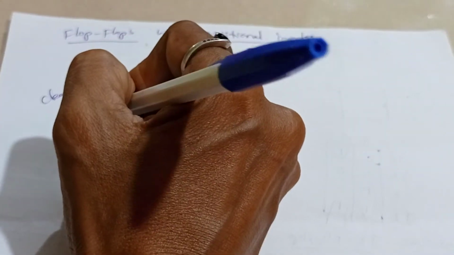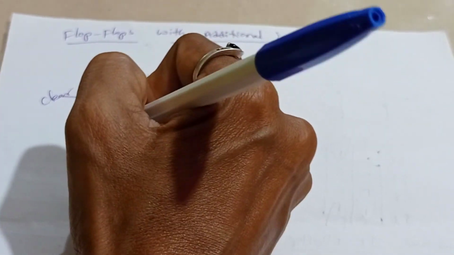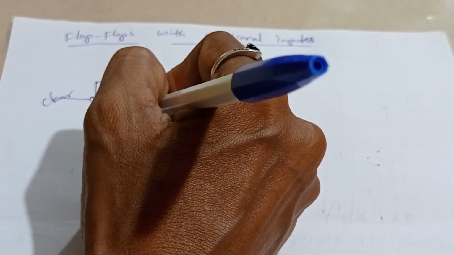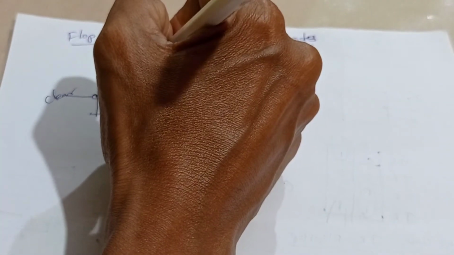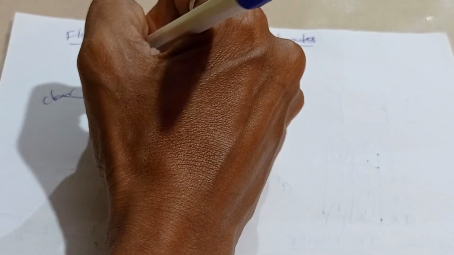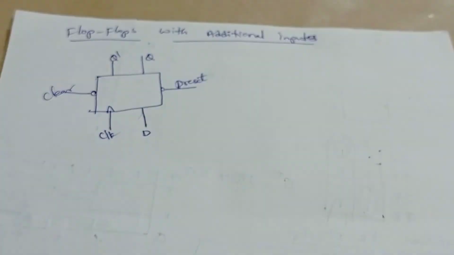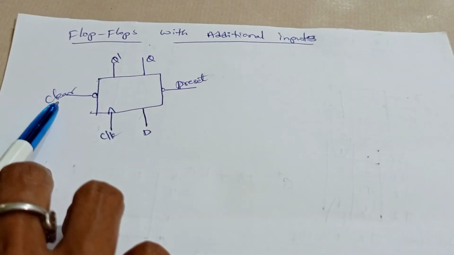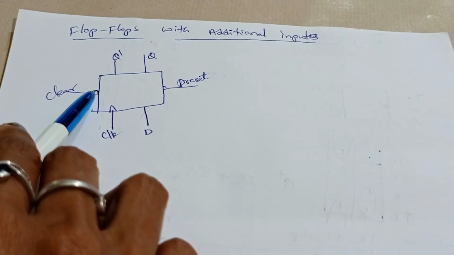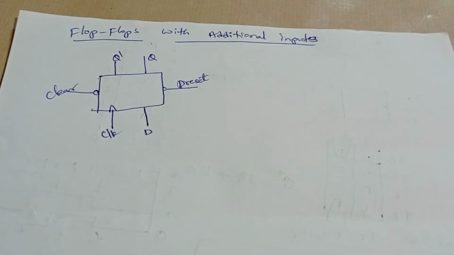Usually this consists of clock, D input, and Q, Q bar outputs. Additional inputs are preset and clear. A small circle represents inversion of the input, that is, it indicates logic 0.